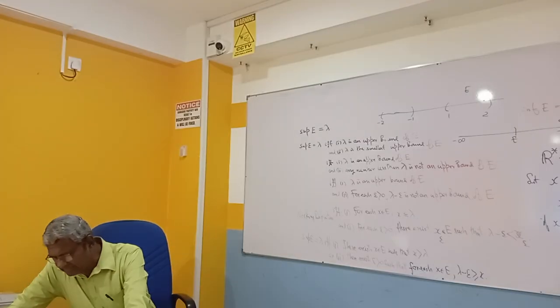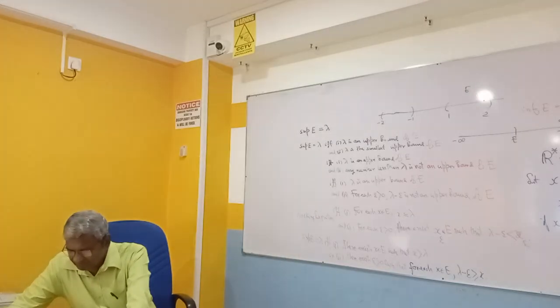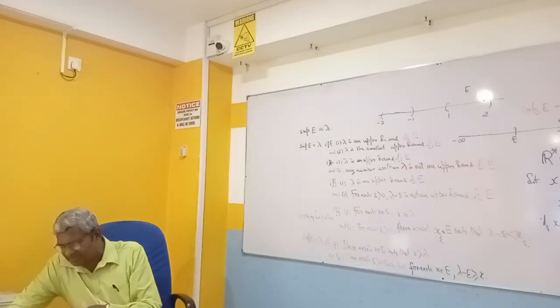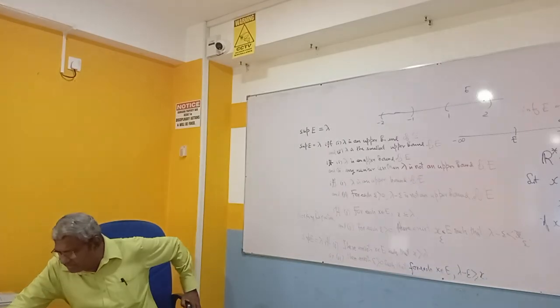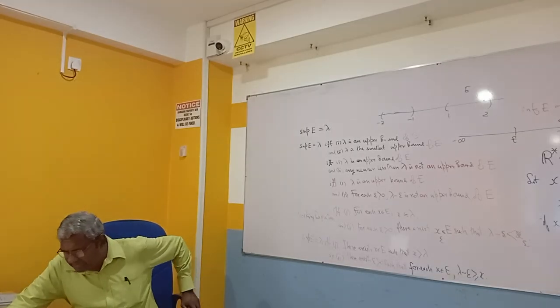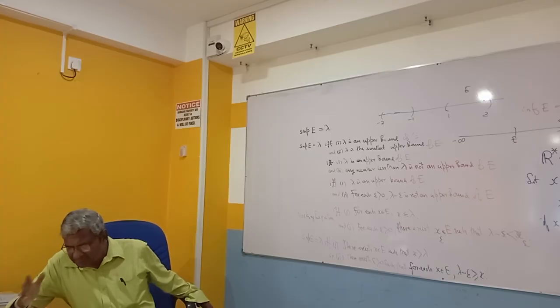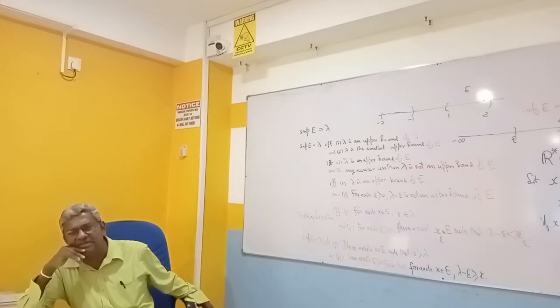Alright, having defined the notion of a supremum and infimum of sets of reals, we can now also talk about the supremum and infimum of sequences. Let a_n be a sequence of real numbers, then we define sup a_n to be the supremum of the set of elements of the sequence. That's all. No difference.